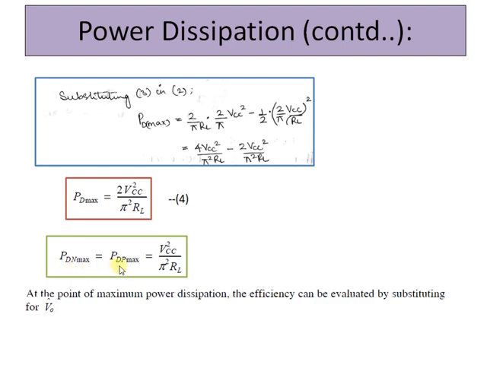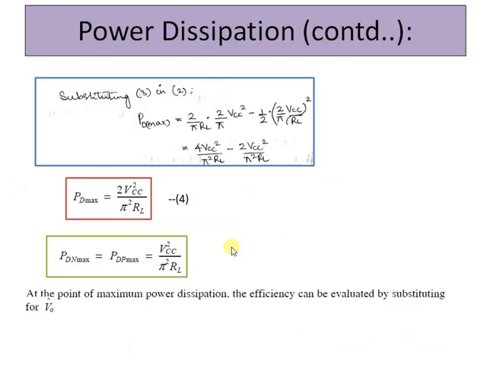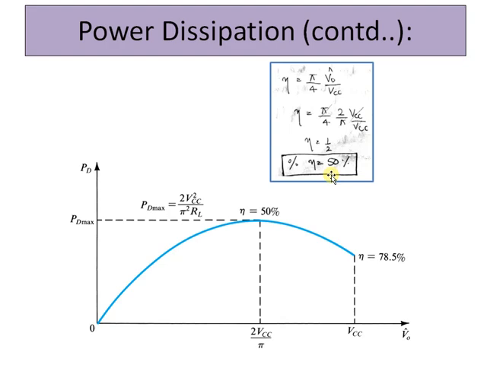So at the point of maximum power dissipation, the efficiency can be evaluated by substituting V out cap in the equation for efficiency, and we get the value to be equal to 50%.